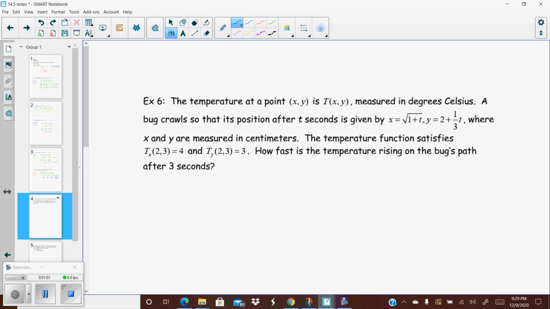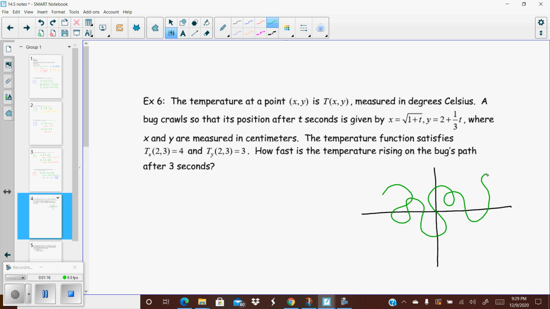So, not exactly sure what's going on here. The bug is crawling, I guess, along some kind of an XY plane. However the bug's moving, he's moving in all kinds of different directions, and after 3 seconds, wherever that is, what we're trying to figure out is how fast the temperature is rising on the bug's path.